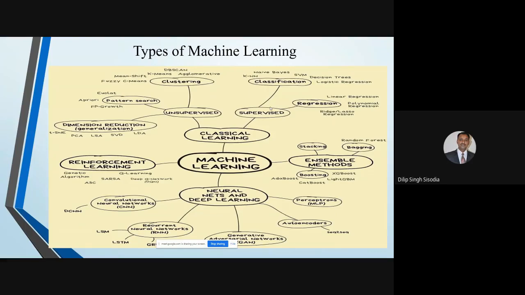Otherwise, if categories are there, whether yes or no, or 3, 4, 15, or 20 categories, such a task is known as classification. If the label is available in category or discrete format, then we say this is classification. If the label is continuous data, then we say this is a regression problem.